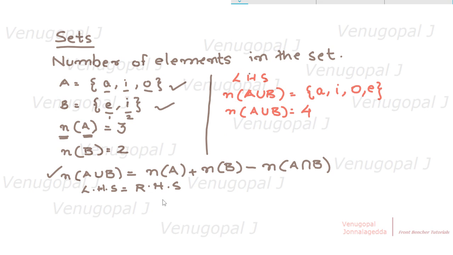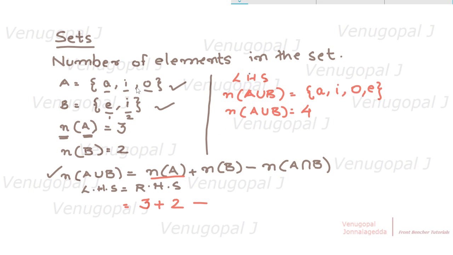Now let's see the RHS part. I will directly write down the number of elements in A. How many? There are 3 elements, plus the number of elements in B, how many? 2, minus the number of elements of A intersection B. When we say intersection, that means we have to get the number of elements which are common.